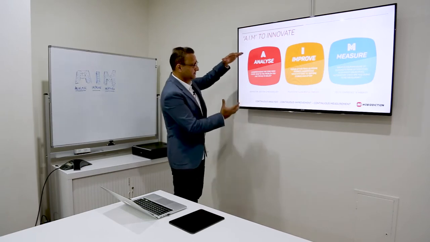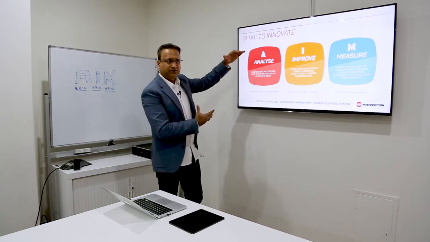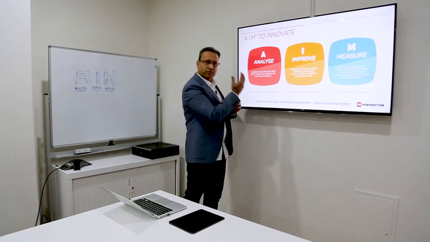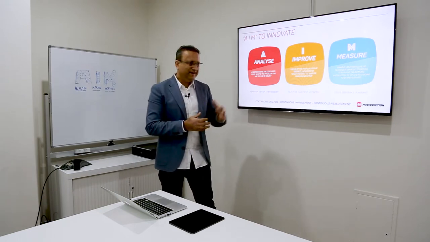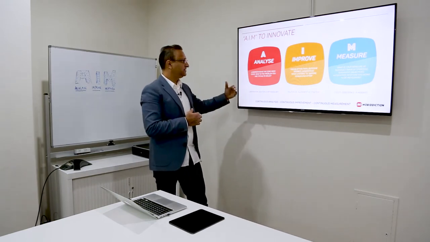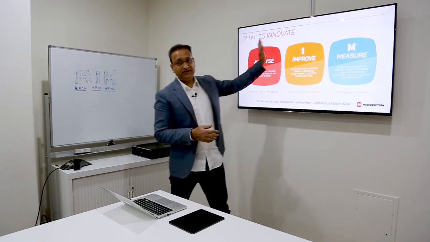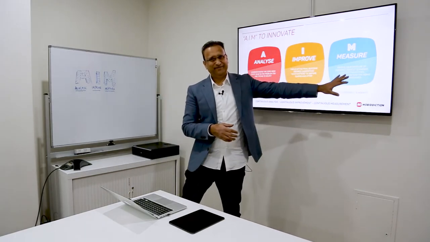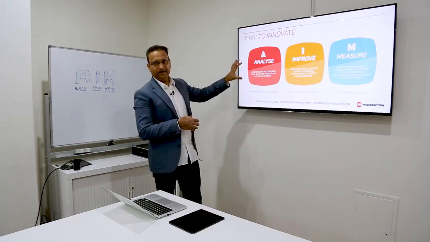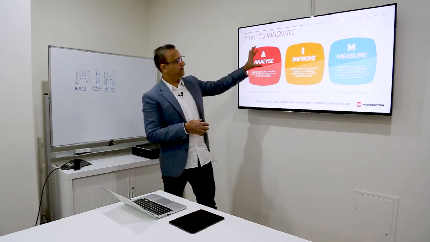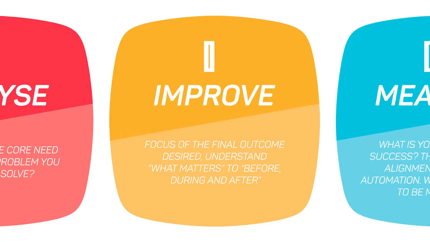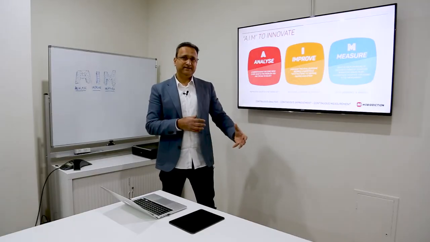Now, analyze. Why is analyze important? Because you've got to understand the core problem you're trying to solve. What is the need state? What is the customer need state? What are the core requirements of your project that help you achieve your measure of success in the 3rd bucket? All of those need to be defined up front. Then you get down to the next bucket: where are you looking to improve an existing service?